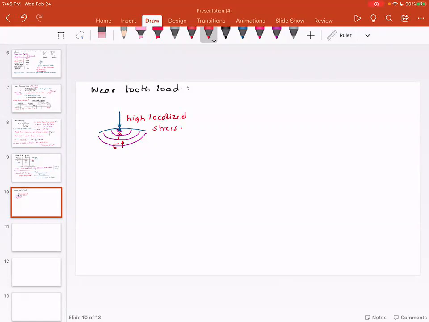And please note that when we are designing a gear, the gear load is transmitted along the line. So there is always a line contact between two meshing gears, which means there is going to be very high localized stress over there. And these high localized stresses can possibly give rise to fracture and material separation.